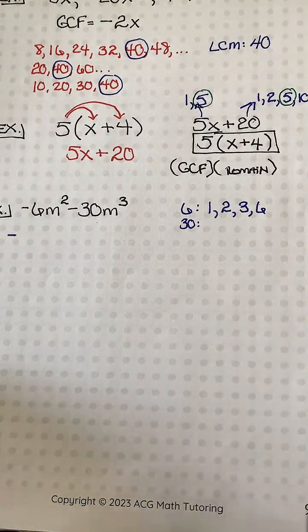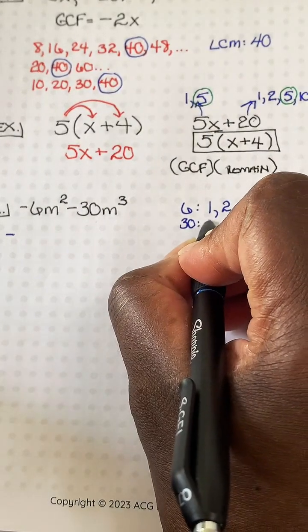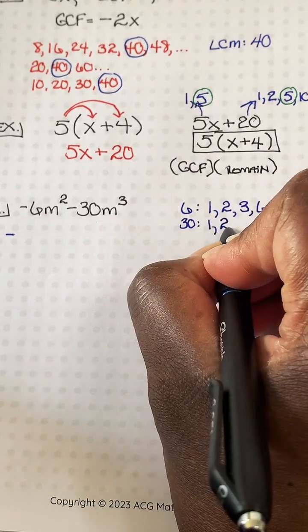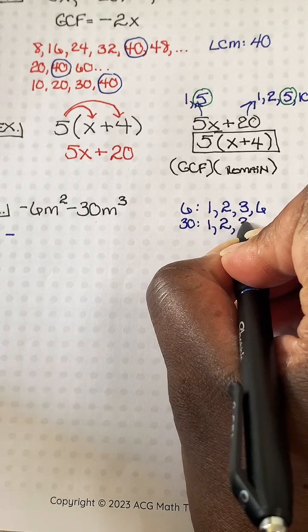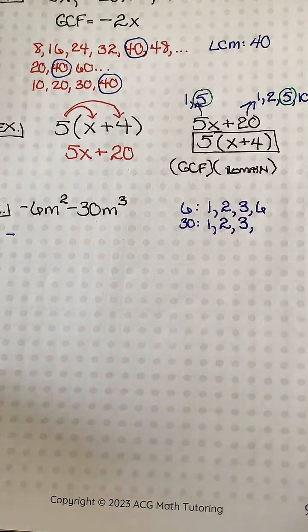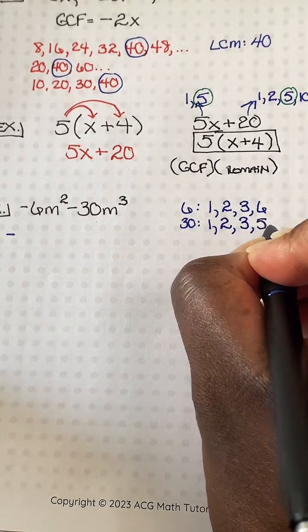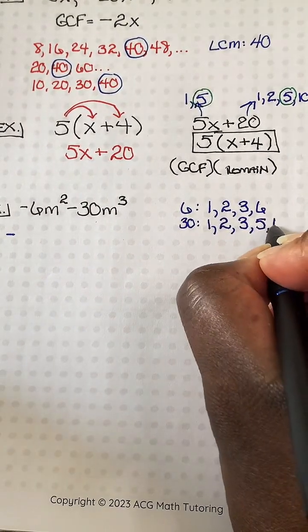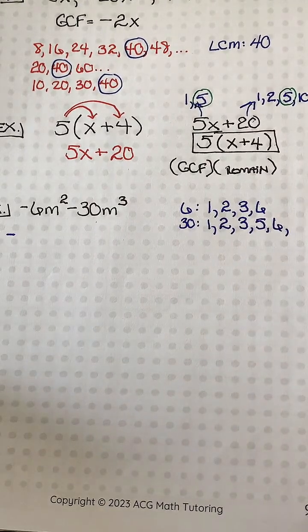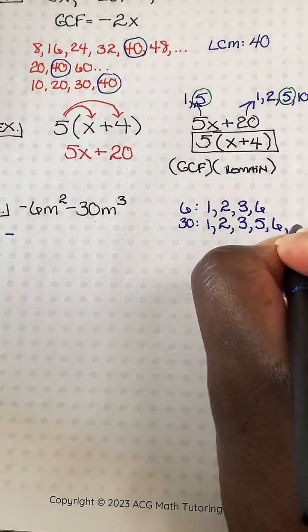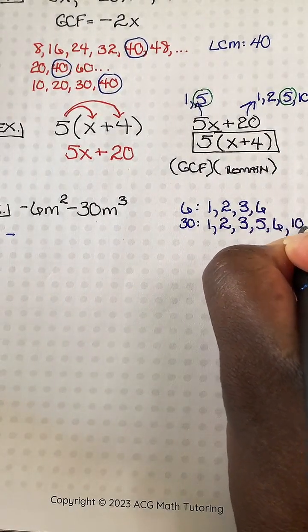Now for the 30, I know there's a 30 in the 1 times table. I know there's a 30 in the 2 times table, as well as the 3 times table. Not in the 4, but definitely in the 5 times table. It's in the 6 times table, not in the 7s, 8s, or 9s, but definitely in the 10s.